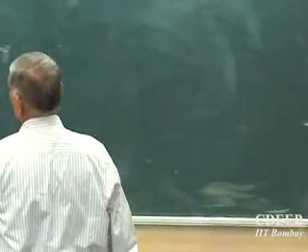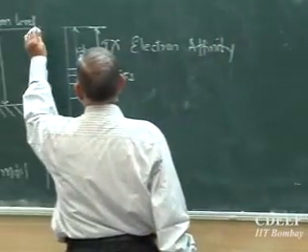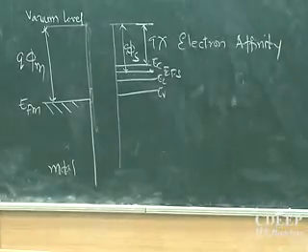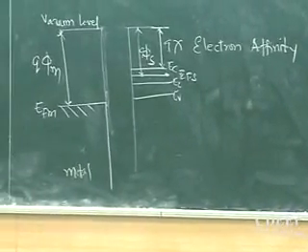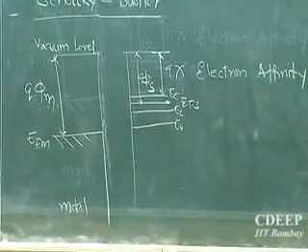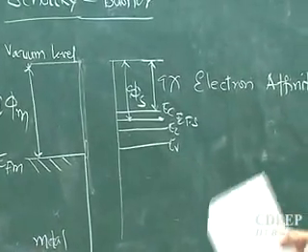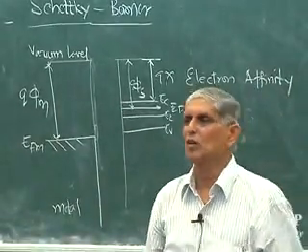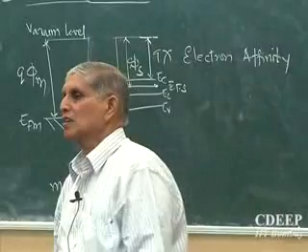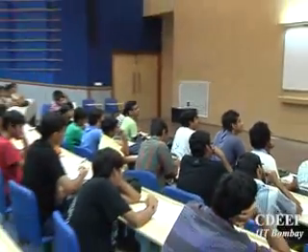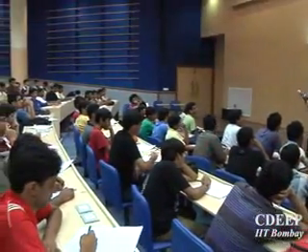Now let us say these two materials I bring closer. There are two distinct materials, one has its Fermi level here, one has its Fermi level here. So what will happen if I bring this metal and semiconductor together? Gautam, what will happen? Think: whenever we bring dissimilar materials together, like in a PN junction, what did we do?